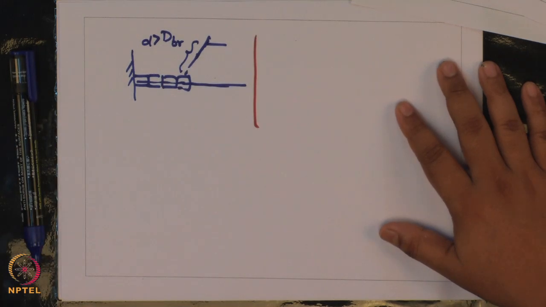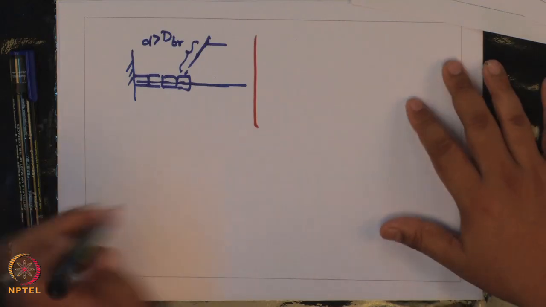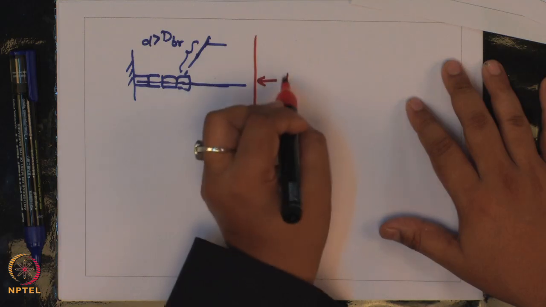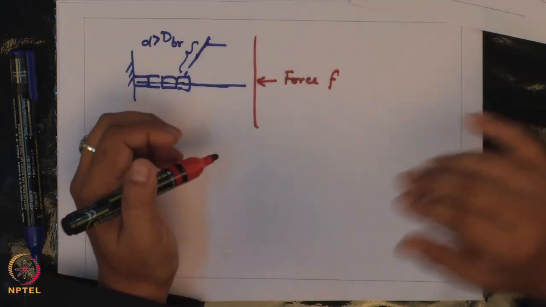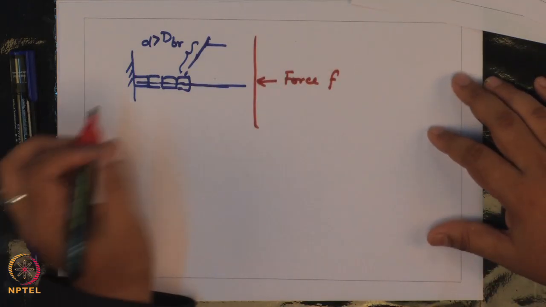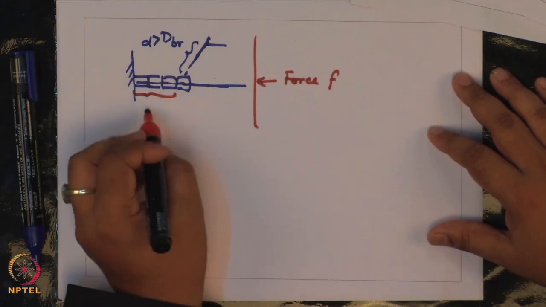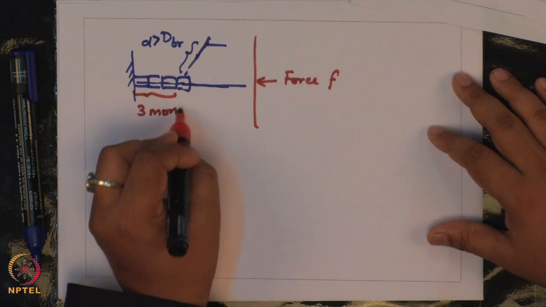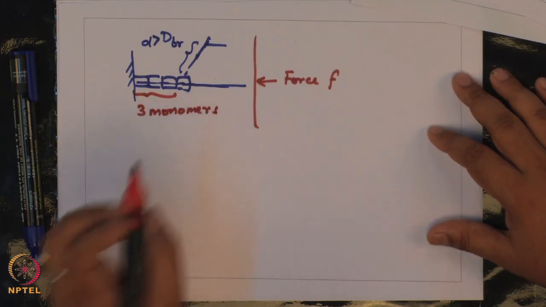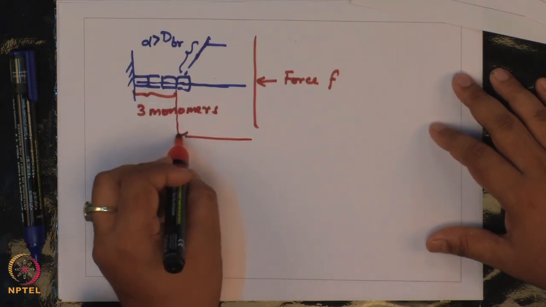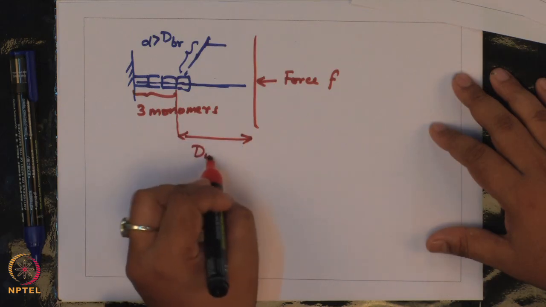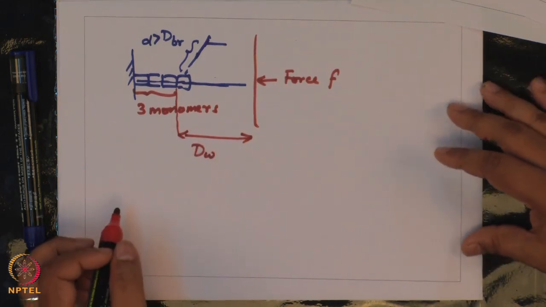What is the position of the wall at the start of the simulation, and what is the force F with which you are restraining? You are starting with a minimum of 3 monomers. So, there is a starting distance, let us say this distance is dW or d wall.